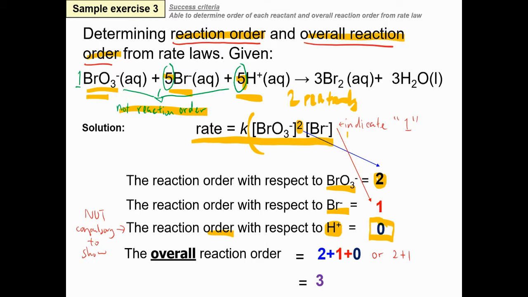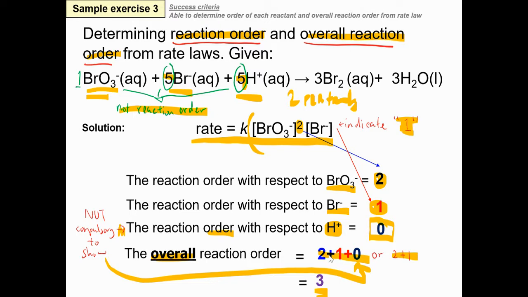It is empty, however it indicates that it is 1, not 0, it is 1. So the overall reaction order is 2 plus 1 plus 0, or you can just write 2 plus 1. So total is 3. For this one, the arrow is incorrect. It is not compulsory to show it in the calculation.